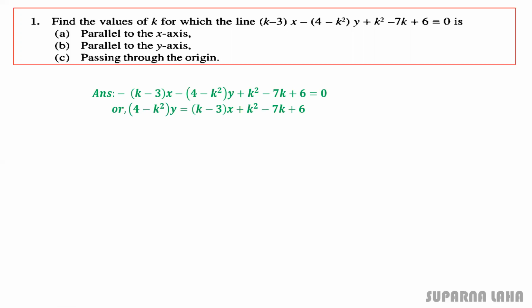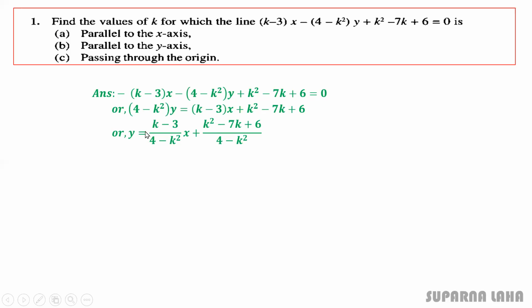And if we want to represent this equation in the slope-intercept form, then what should be the slope of the line, and what should be the y-intercept of the line? So we can write this as y equals (k minus 3) by (4 minus k square) into x, plus (k square minus 7k plus 6) by (4 minus k square).